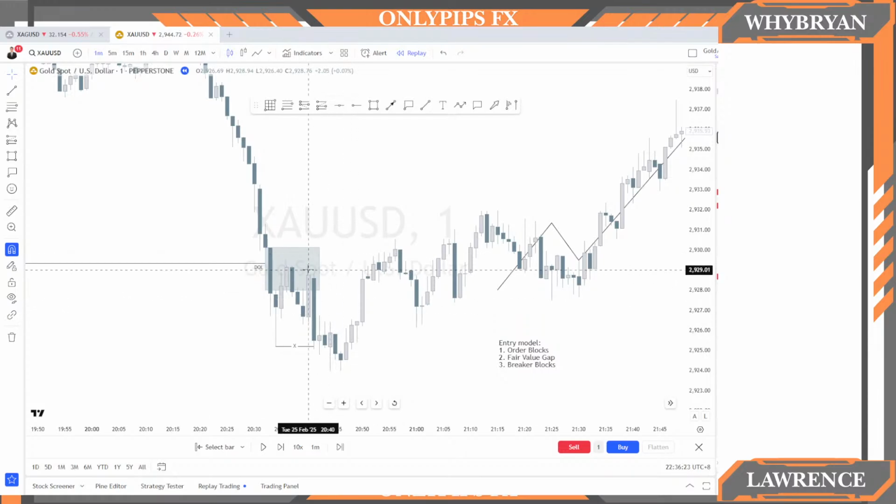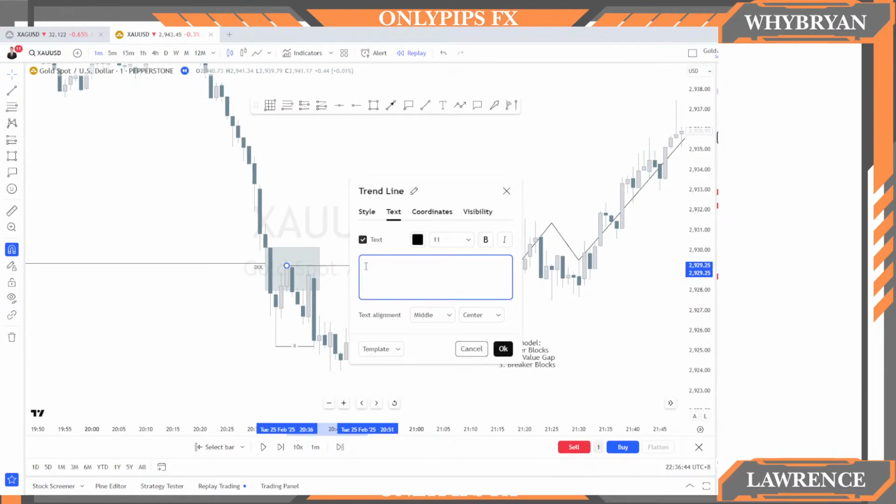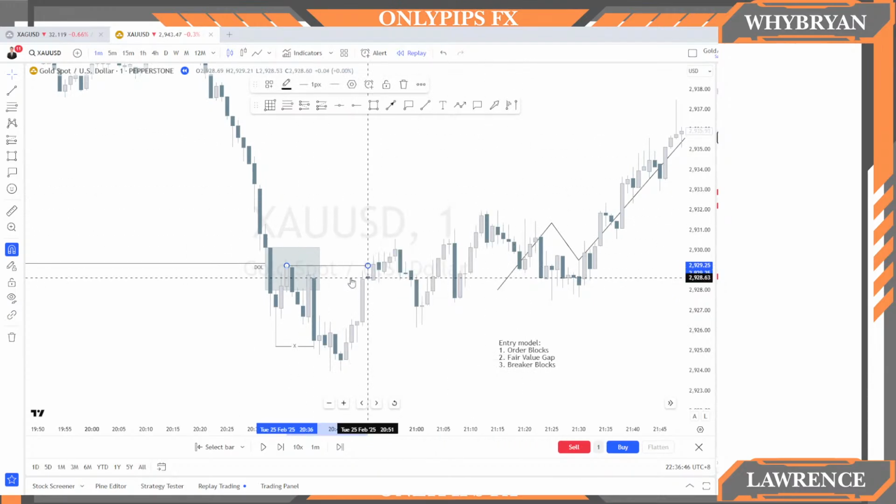The price just broke off the high itself, the high that created this low. And the moment the price closes above this, it's an early sign of what's called a reversal. After this, the price just created a fair value gap.